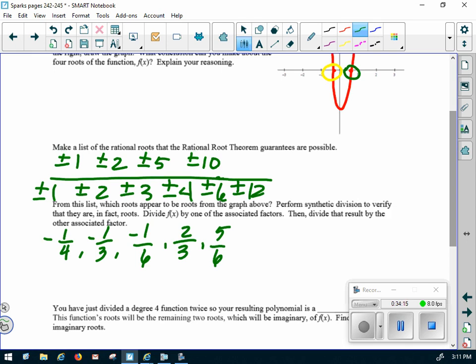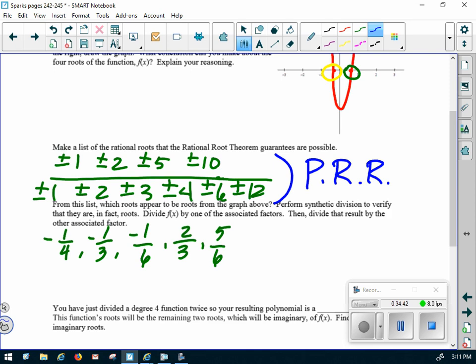Now, listen, these are the only ones we're even going to try. We're not going to try any of the others. In Algebra 2, especially if you were in pre-AP, didn't you just start trying them all? What we're going to call this group here, we're going to call those PRRs.